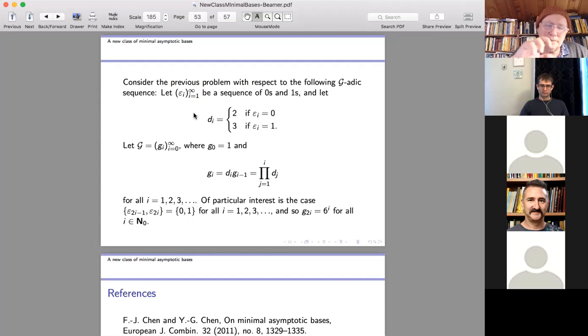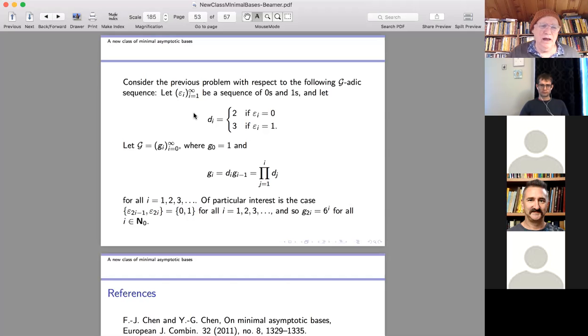But suppose these successive quotients are not constant, but they're always either 2 or 3. So you take a random sequence of 0s and 1s, and you choose these successive divisors at random to be 2 or 3. You get something really very interesting.